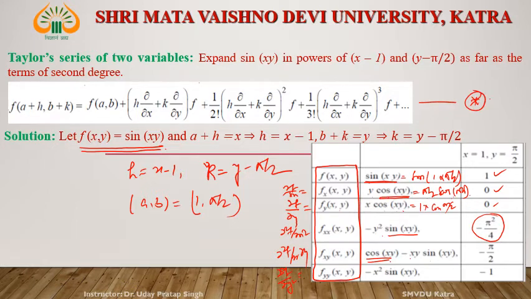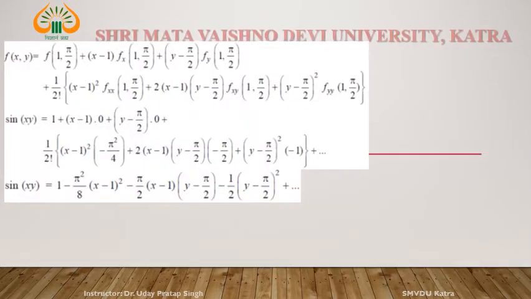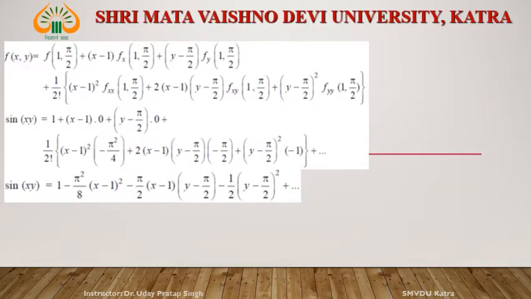in the equation number star, right? Then this becomes f of xy is equal to f of 1, pi by 2, and what is h? H is x minus 1. In the formula, h is x minus 1. Then f of x, that is dou f dou x, fx at 1, pi by 2. This is already evaluated, this is 0, this is 0, this we already evaluated, this is 1.